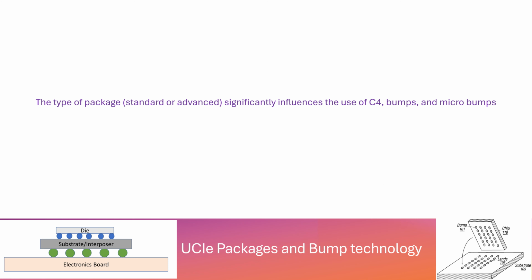Now that we know UCIe talks about two packages, one is standard package, the other one is advanced package. The type of package, standard or advanced, significantly influences the use of C4 bumps and micro bumps. Let's see what is the difference between these two packages in terms of bumps.